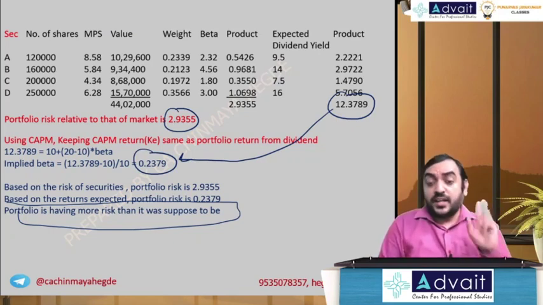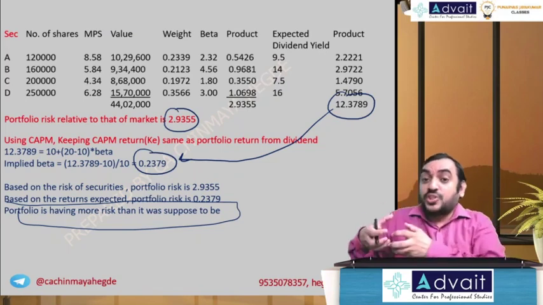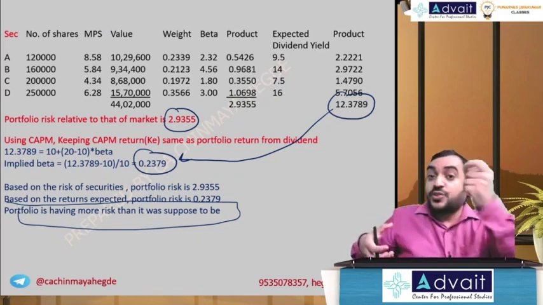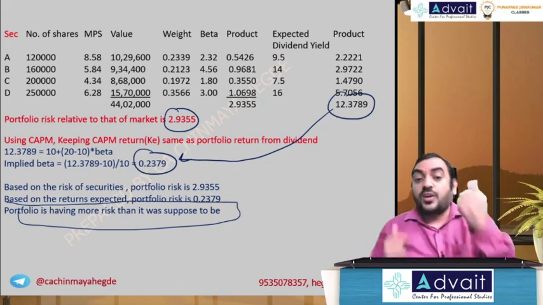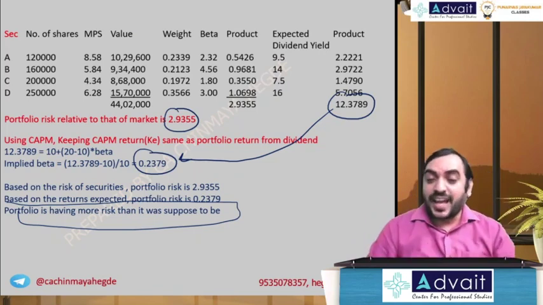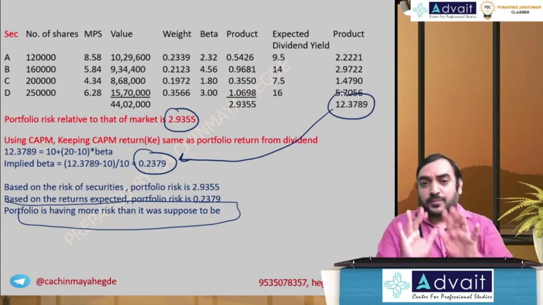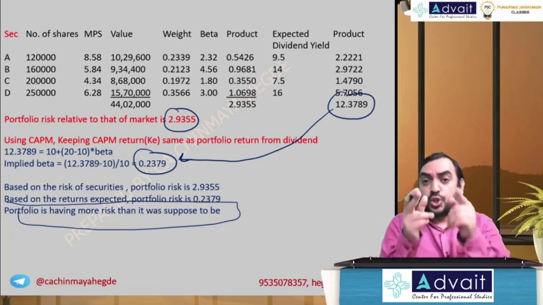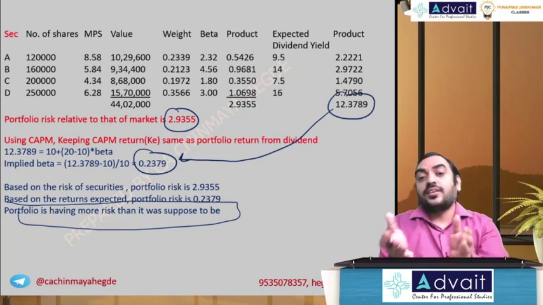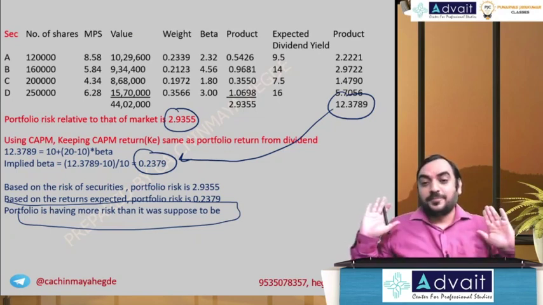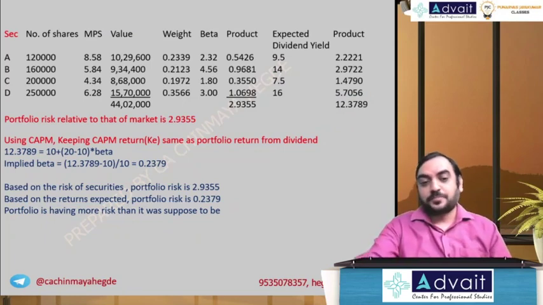That is what implied beta is. See what we used to do? Based on beta, based on risk, we used to calculate return. Here I'm telling you, based on return, what is supposed to be the beta? But what is the actual beta? 2.9355. In simple words, you are taking more risk than what you are supposed to. I hope you got the point.